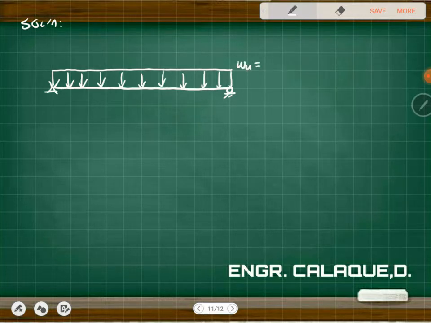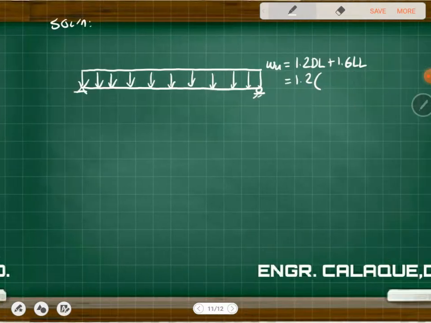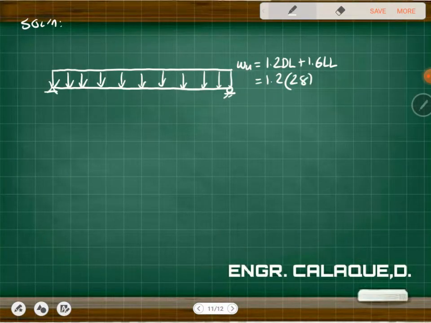So gamitin ko lang 2010 or 2015, so yung 1.2 nung dead load plus 1.6 nung live load. So we have 1.2, yung dead load natin is 28, and then I have 1.6 and then yung live load natin is 35.